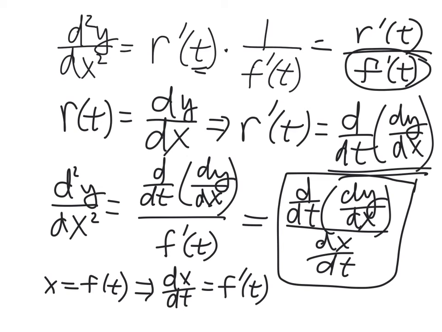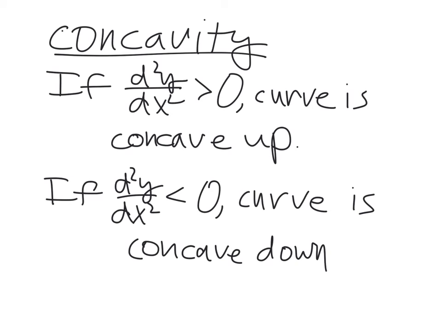And using this second derivative again with concavity, just like we learned in Calc 1, if the second derivative is positive, that part of the curve is going to be concave up. Second derivative is negative, that part of the curve is going to be concave down, which then again leads to where it is going to switch concavity.